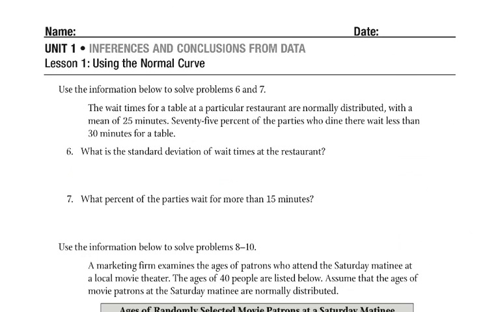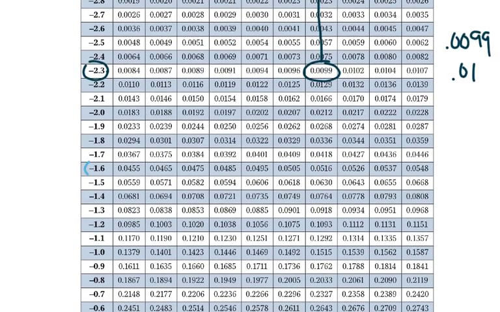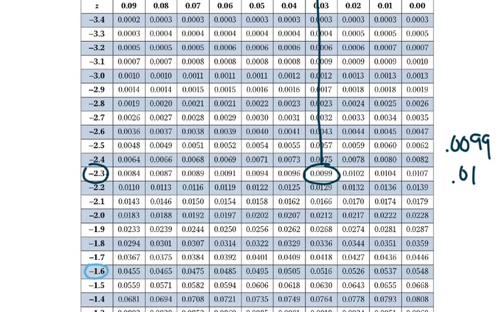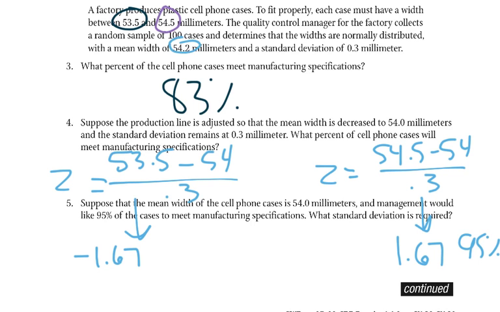Then the negative, same thing, negative 1.67, so negative 1.6 is right there, and 0.07 is right there, so that would be 0.0475 or 0.05 or 5%. So that would be 5%.